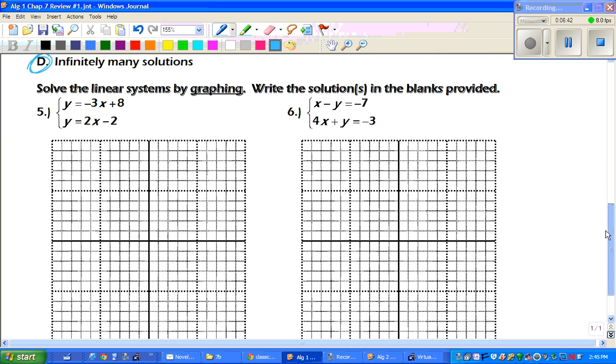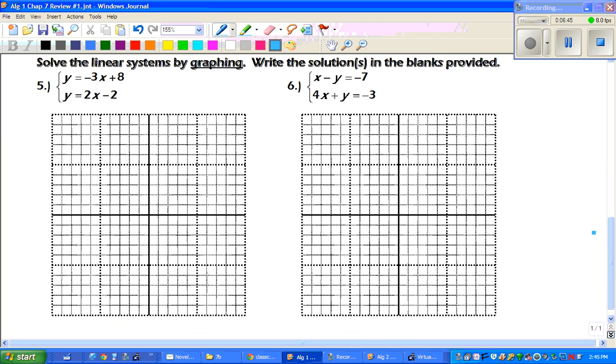All right. Now, the 2 last problems, 5 and 6, are graphing. So I need to know what my slope is, which is negative 3 over 1, and we start at 0, 8.